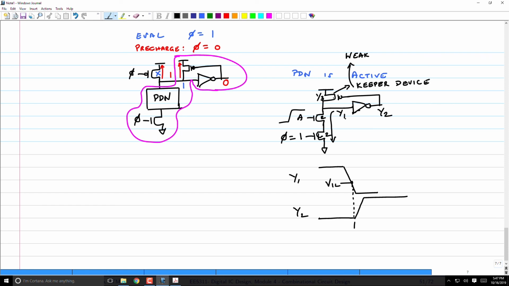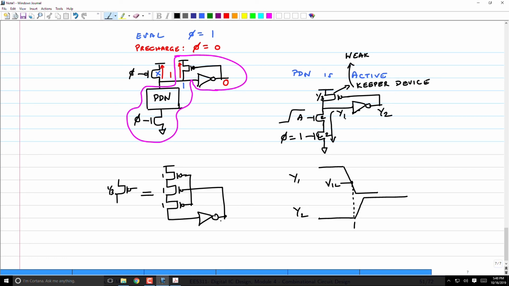Then you have to use the idea that you can put 3 transistors in series, each of size 1, 1, 1. This will effectively be like a single PMOS transistor with size 1/3. This is how you make a weak keeper device. Now the problem is, you see the loading on this guy.